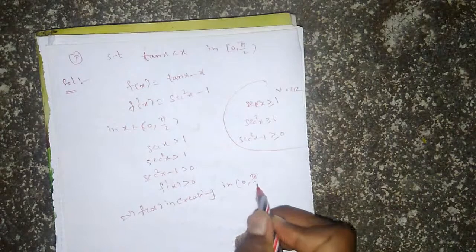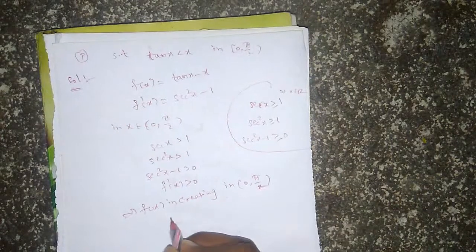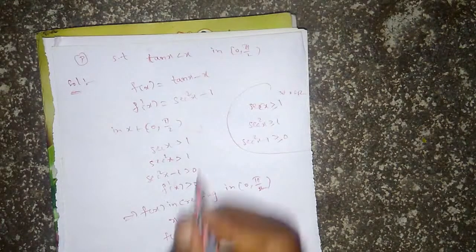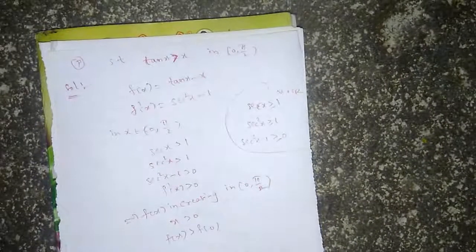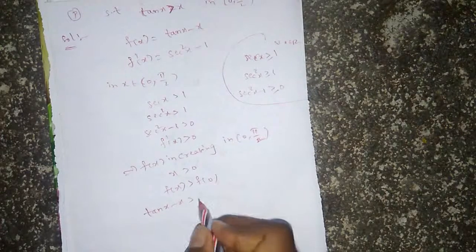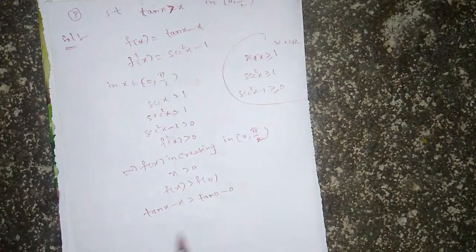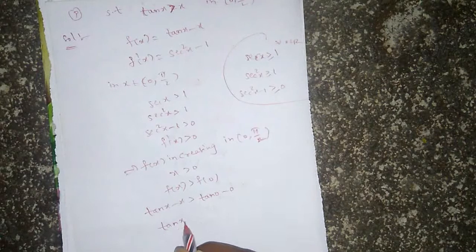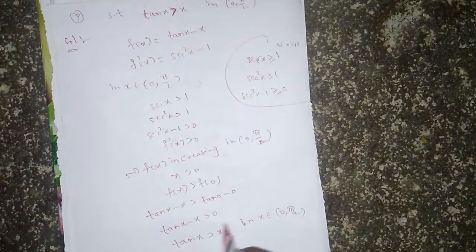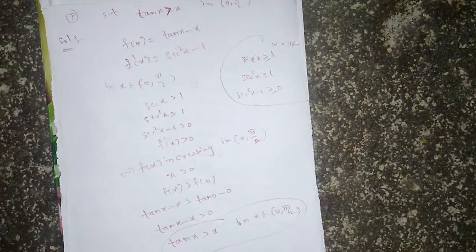So for x greater than 0, f of x is greater than f of 0. That is tan x minus x is greater than tan 0 minus 0, which is 0. So tan x minus x is greater than 0, that is tan x is greater than x in x belongs to (0, pi by 2).